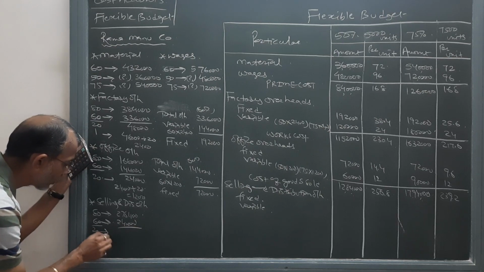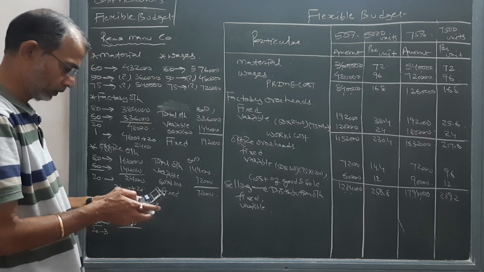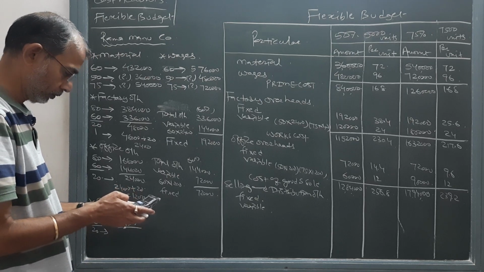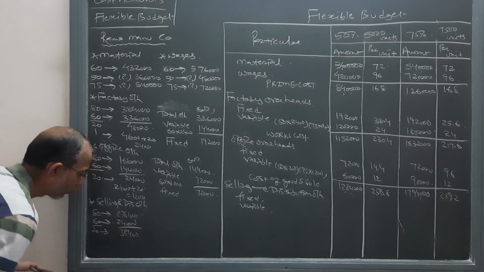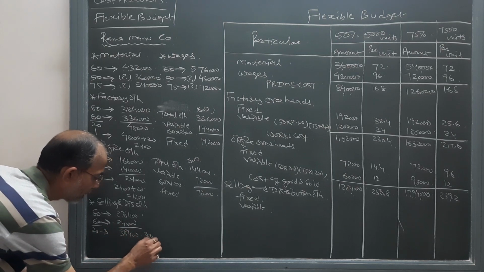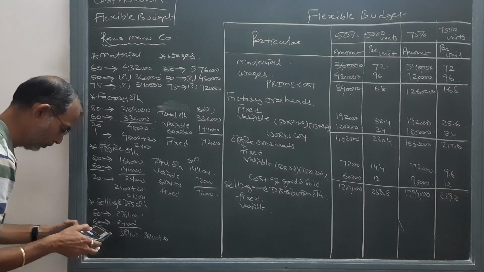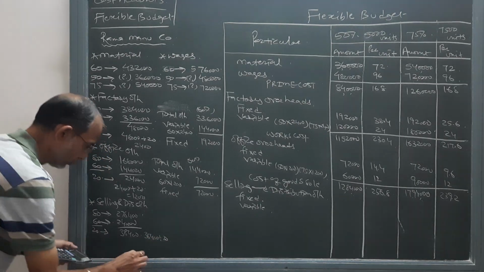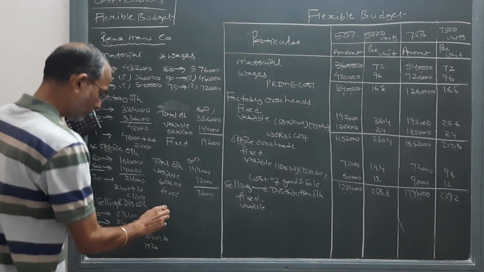So the difference is 20, and the amount difference is 38,400. So 38,400 divided by 20, for every 1 percentage it is 1920.